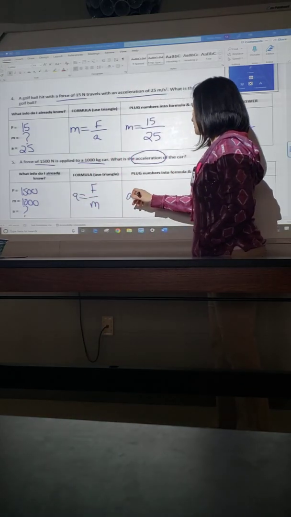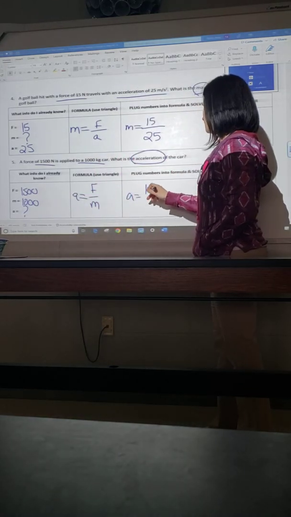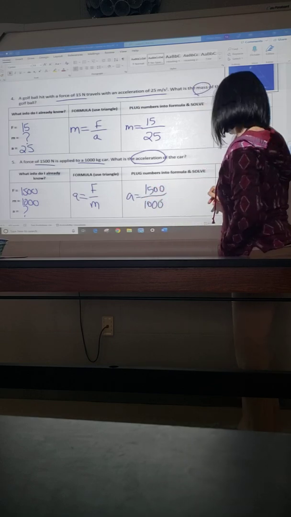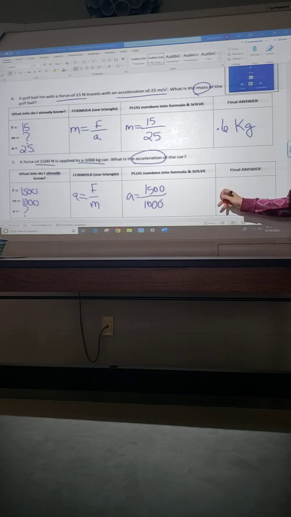All right, so acceleration is going to be 1,500 divided by 1,000. And here we should not get a number that's less than 1 because our bigger number is on top. So what are we going to get? What'd you have, Dylan? 1.5. Very nice. 1.5, and we're solving for acceleration.